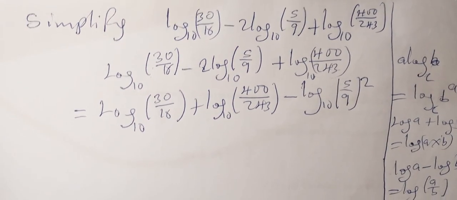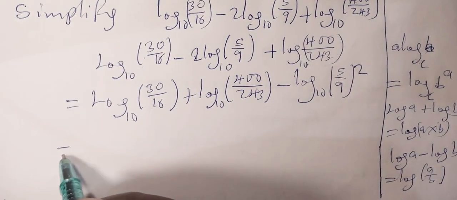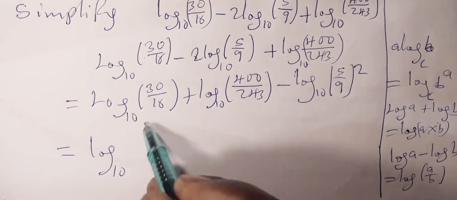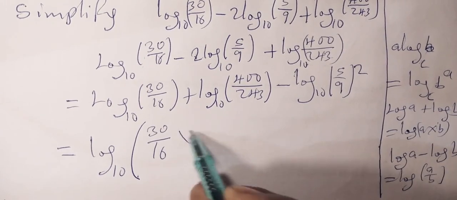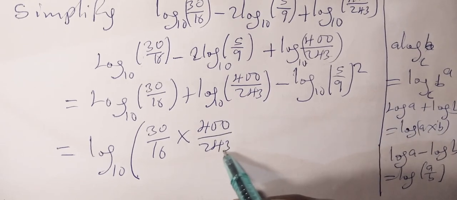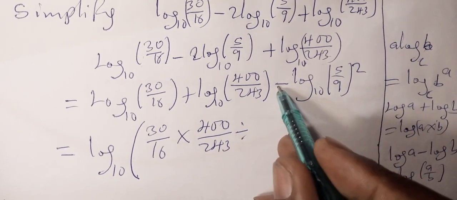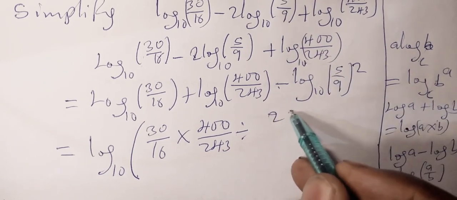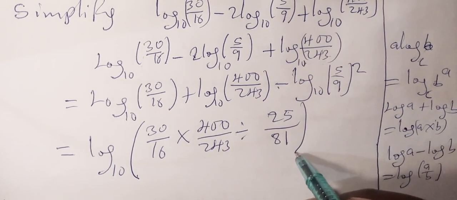So we apply this rule of logarithm here, which will be the same thing as log base 10 of 30 over 16 multiplied by 400 over 243, then divided by, because of this minus, 5 squared is 25, and then 9 squared is 81, close the bracket.